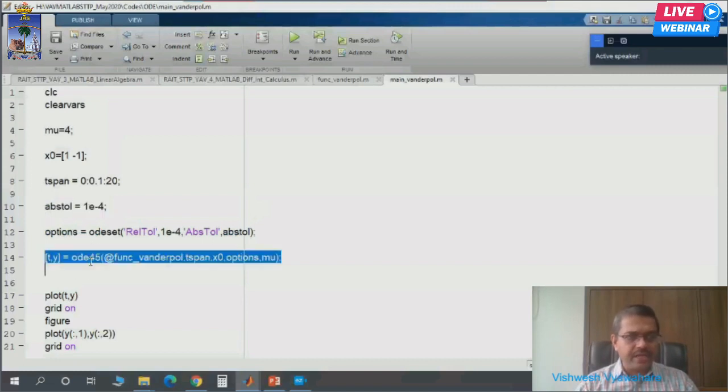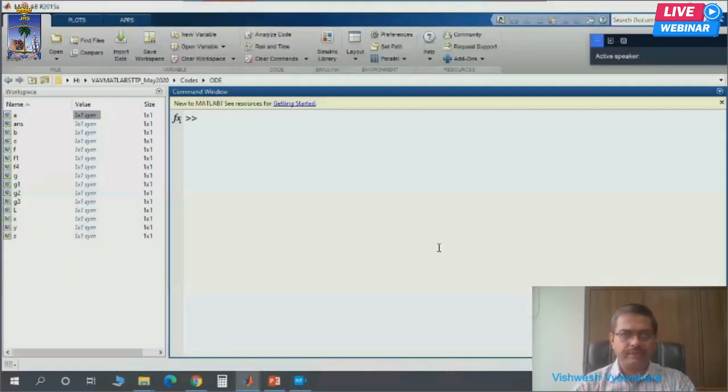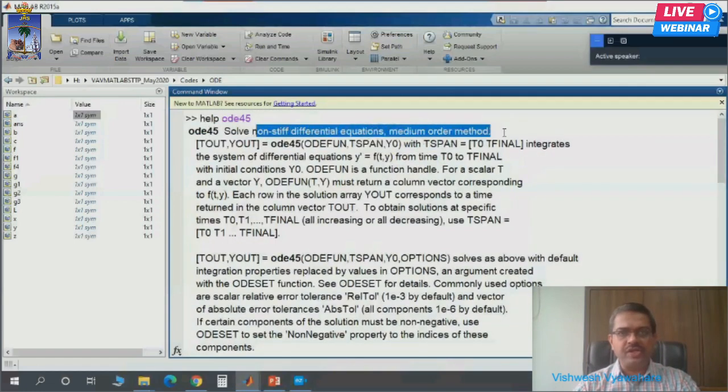The next thing that is very important is the ODE45 command. So what is ODE45? Let us have a look. Help ode45. ODE45 solves non-stiff differential equations using a medium order method.